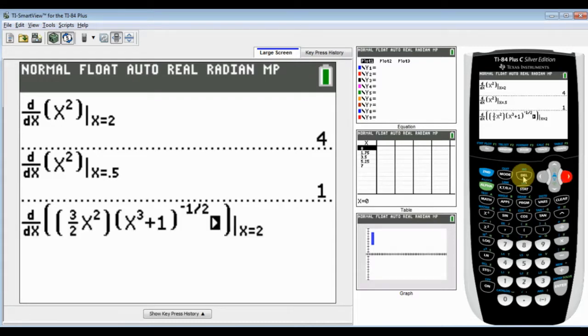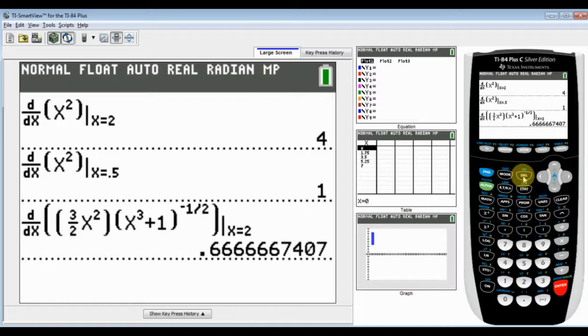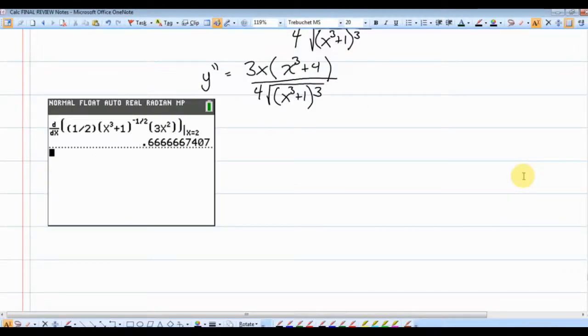Like that? I get the answer, 0.666. Yeah, I got that when I plugged in 1/2 (x cubed plus 1) and then 1/2 times 3x squared. When I plugged it in like that, I didn't get it.